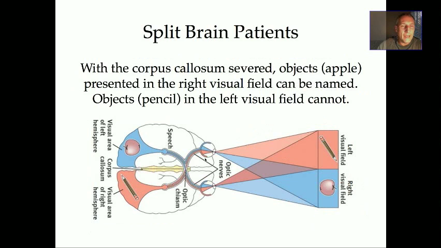Now, in split brain patients, and you might ask, why in the world would you ever want to do this? The most common answer to that is epilepsy, severe epilepsy. The procedure has gotten a bit more refined over the years.